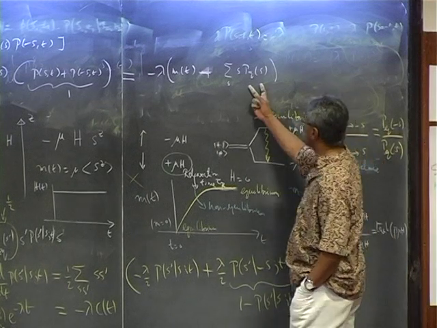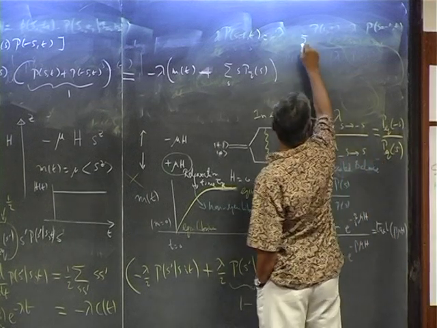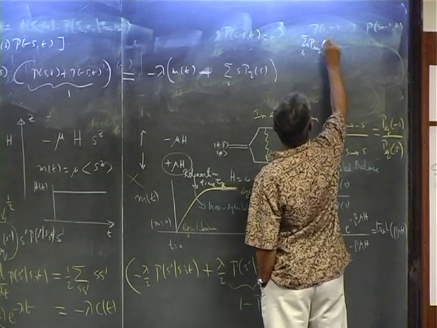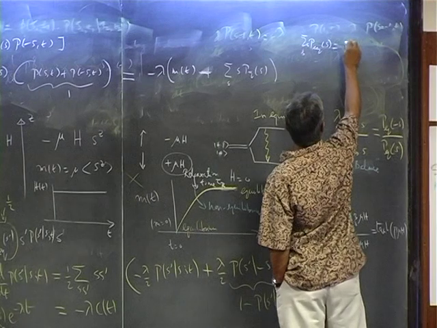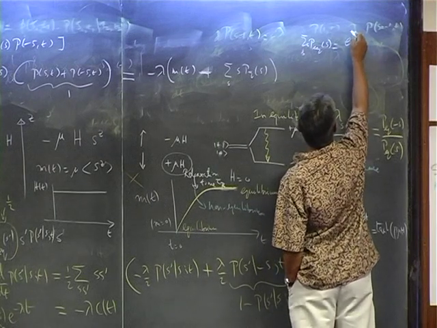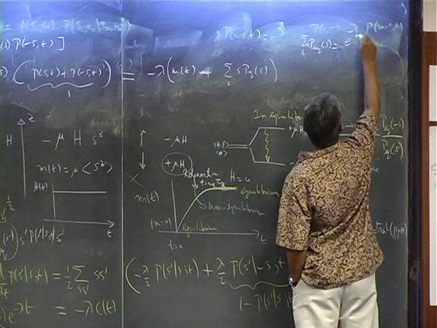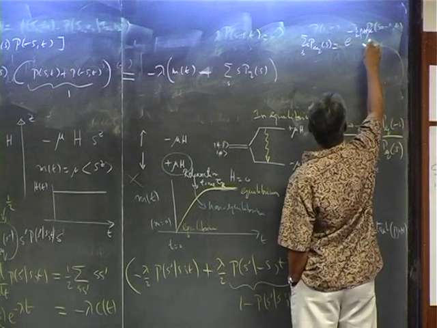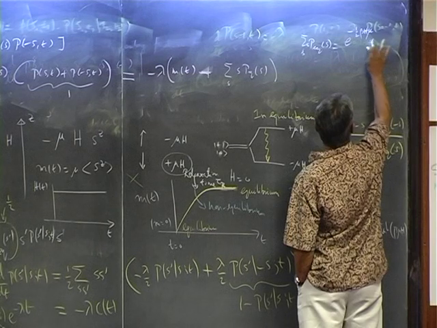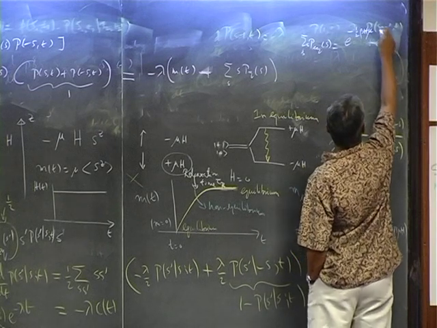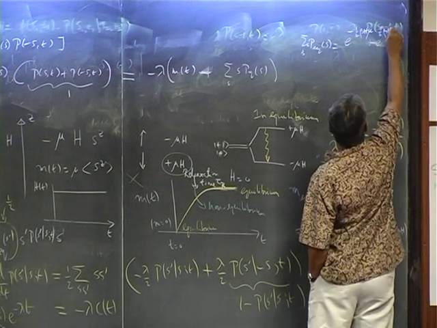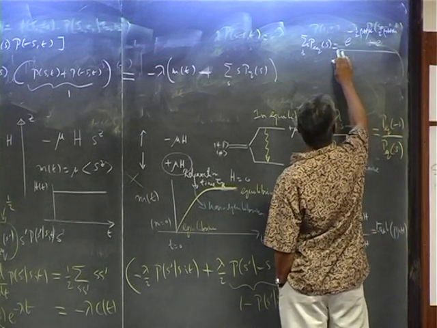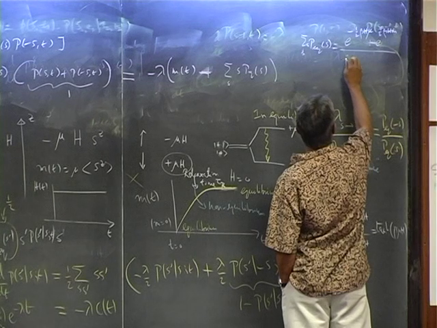So what is the equilibrium probability of S? It is exponential for S equal to plus 1 minus that for minus 1, divided by the two cost functions.